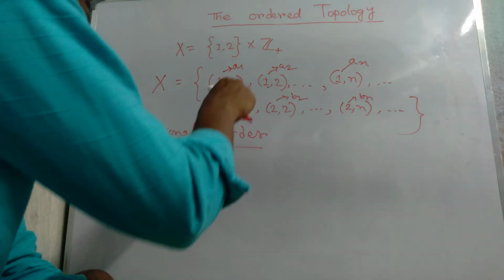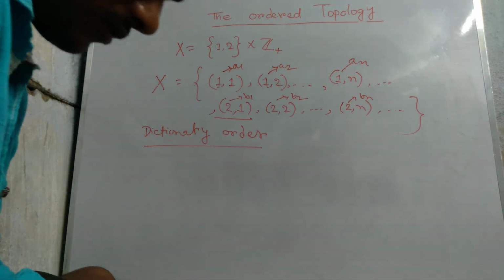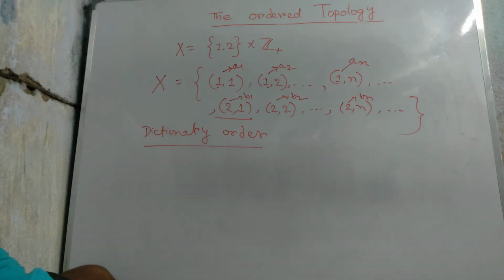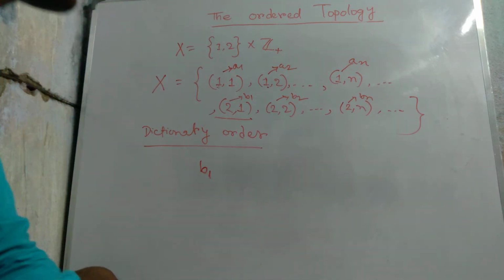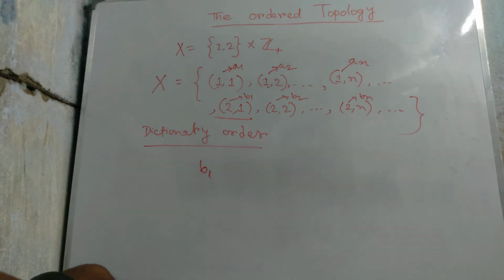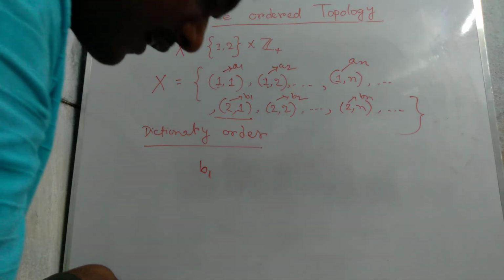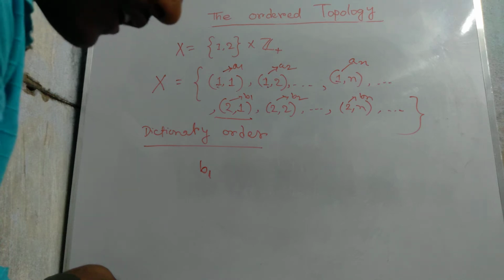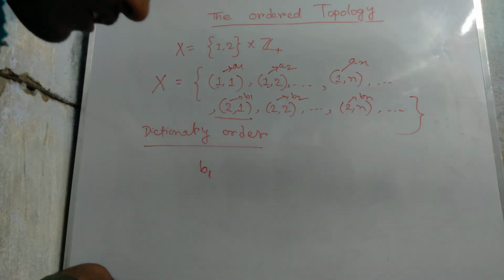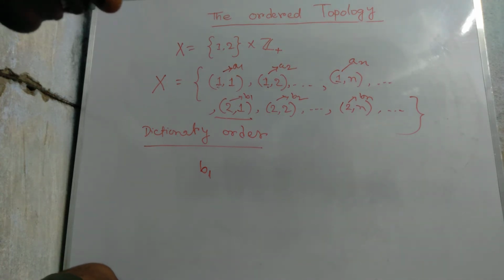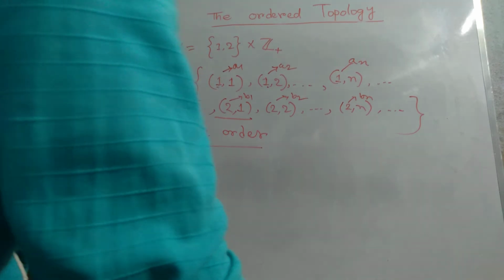If we take just B1, then in dictionary order any open set containing B1 must contain a basis element about B1, and any basis element containing B1 contains points of the A sequence.